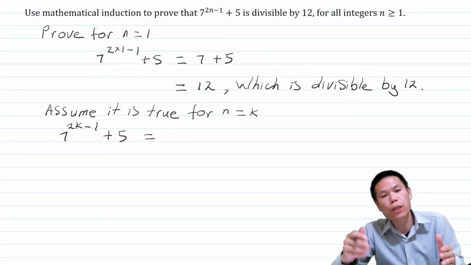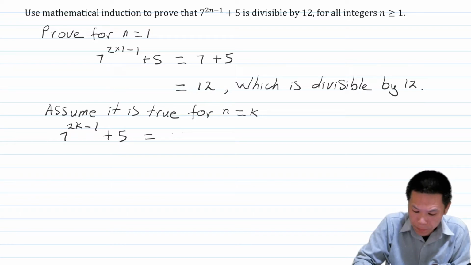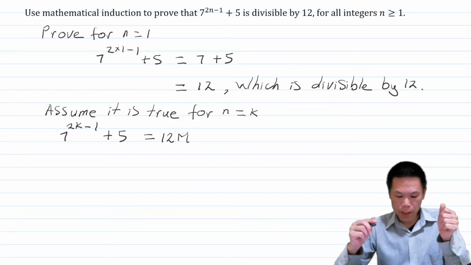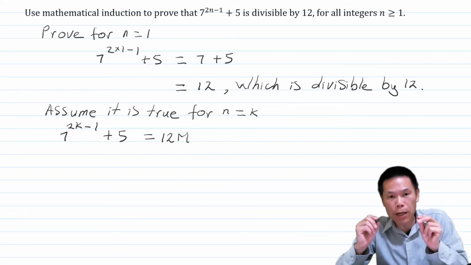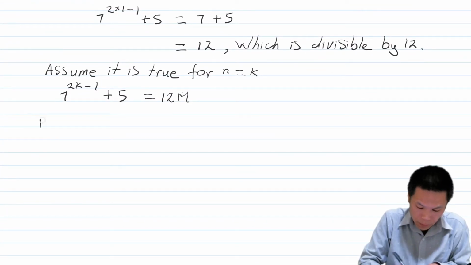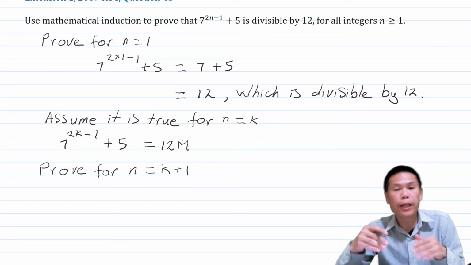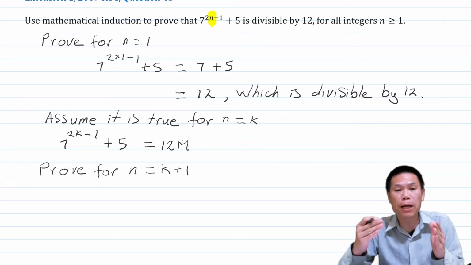So which is 12m or 12p, whatever that is. Okay, I just write 12m because it is divisible by 12. Then we need to prove for n equal to k plus 1. In other words, we replace n with k plus 1.